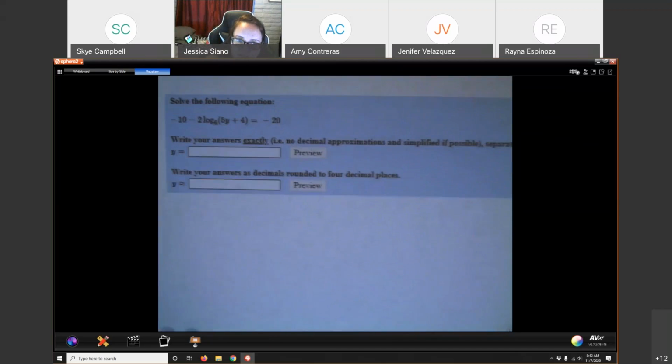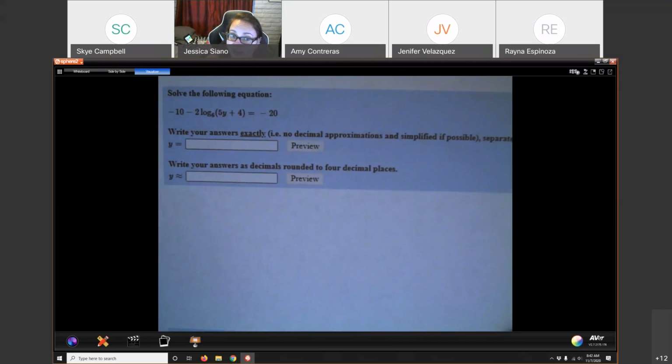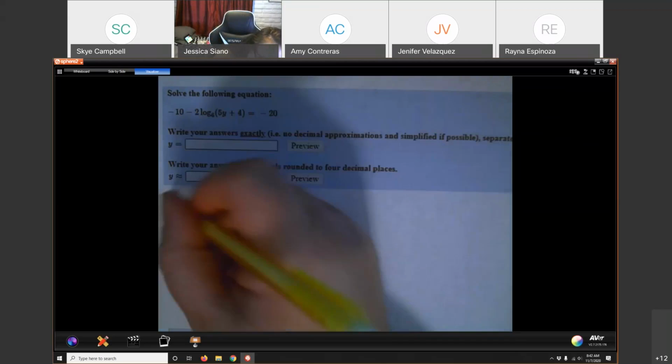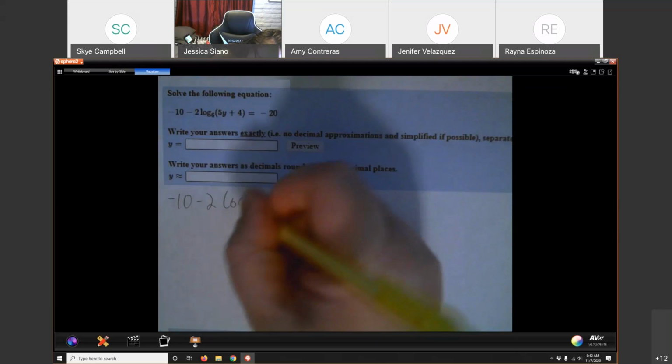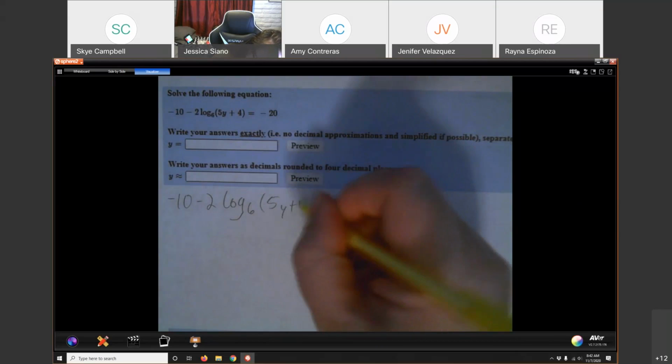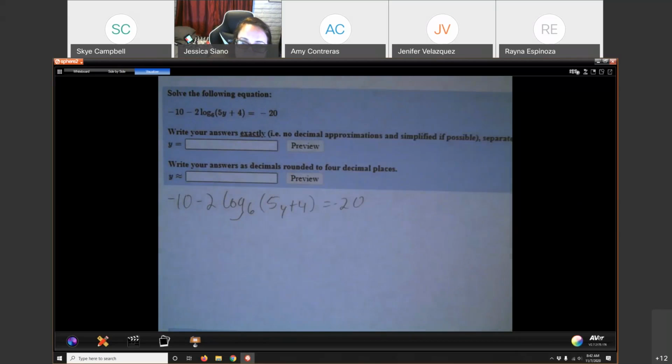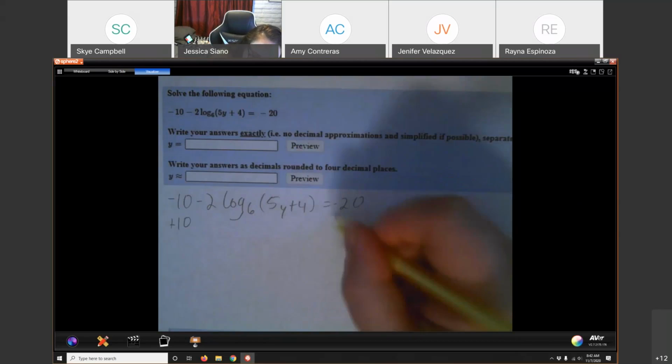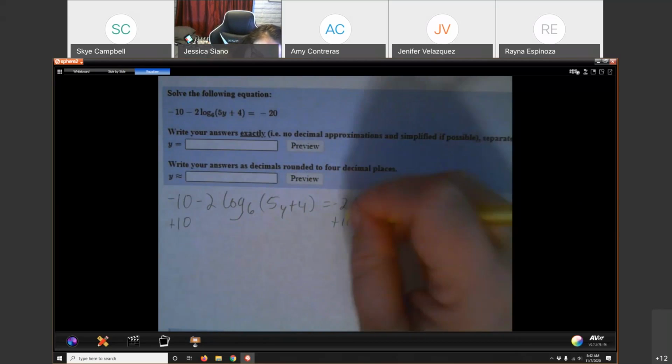So just like with the exponentials, if you have things happening outside of the log, you need to take care of those things first before you can turn it into an exponential. So I'm going to start here by adding this 10. Why did I write 110? That was strange.